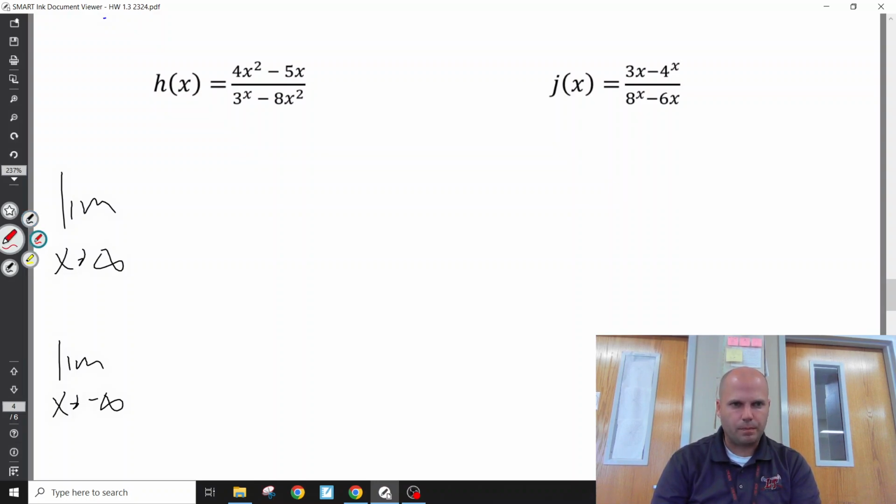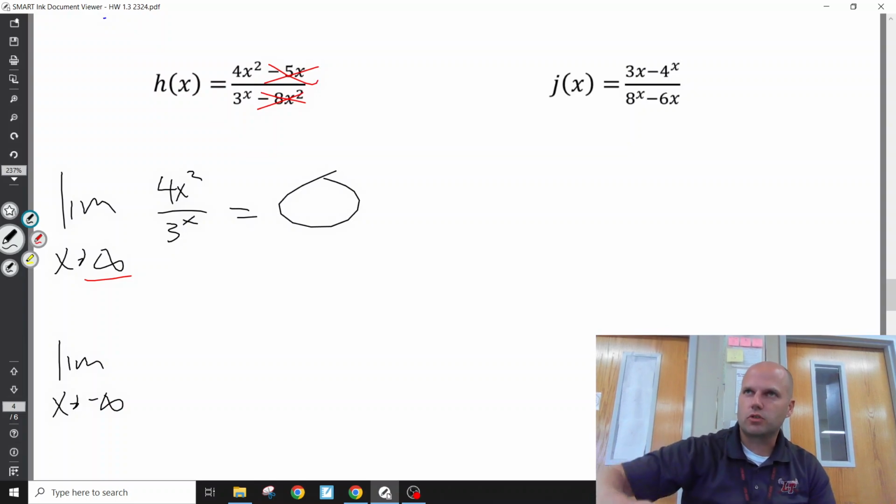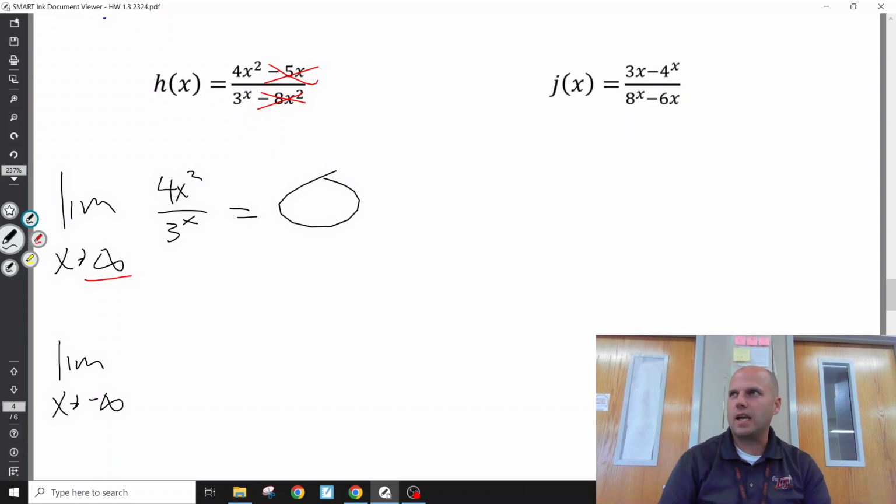If I plugged in positive infinity, 4x squared wins. 3 to the x wins. 4x squared over 3 to the x. Slower over faster. Remind yourself why it's 0. Don't try to memorize it. Okay? Always be able to go like 1 over 1, 2 over 10, 3 over 100, 4 over 1,000. Understand, don't memorize.